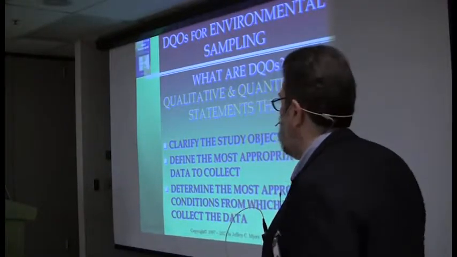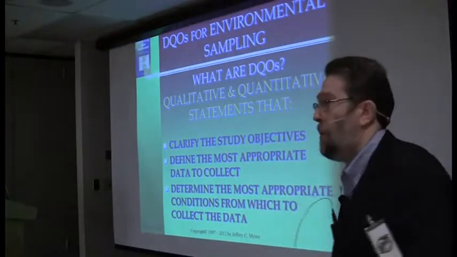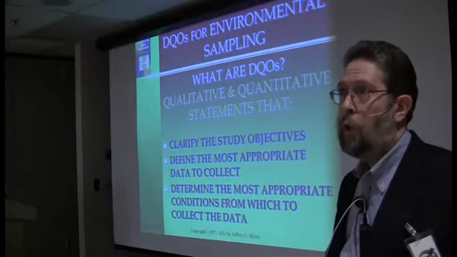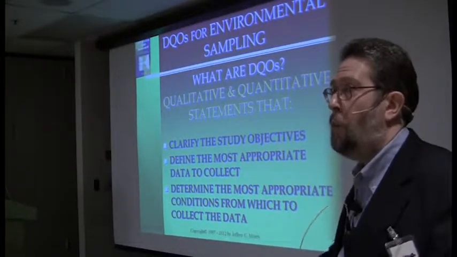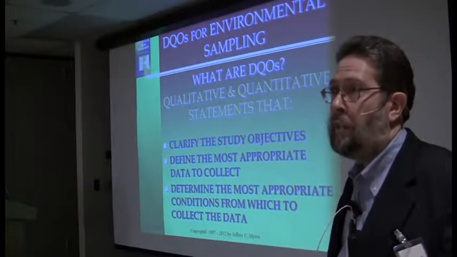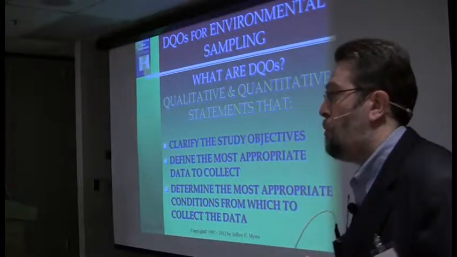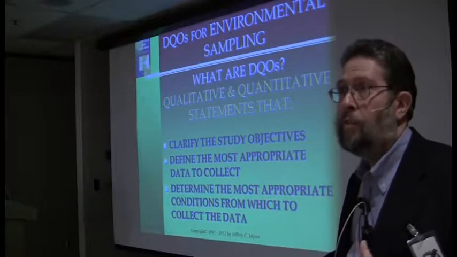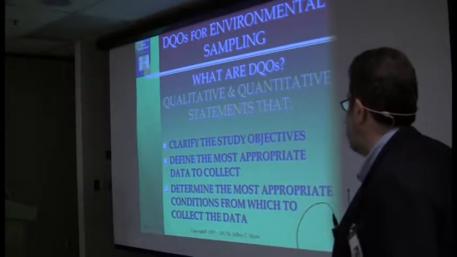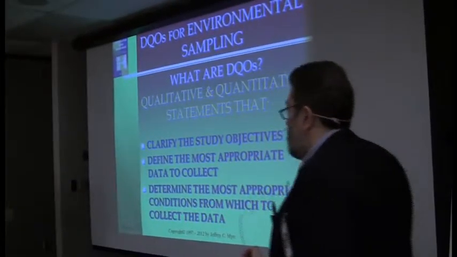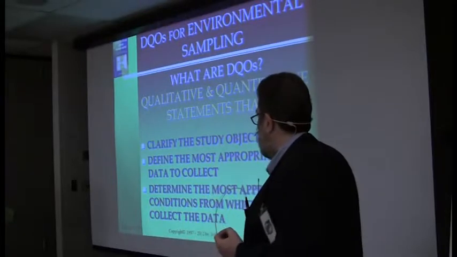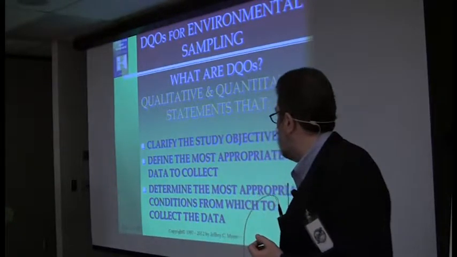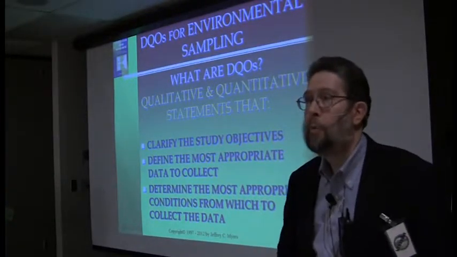So defining the objective can actually be one of the most difficult, what I call global issues of the whole project. What problem are we trying to solve? The data should be used for decision making, and therefore, what is the objective of that decision? Once you figure out what you want to do with it, you figure out what are the most appropriate data.